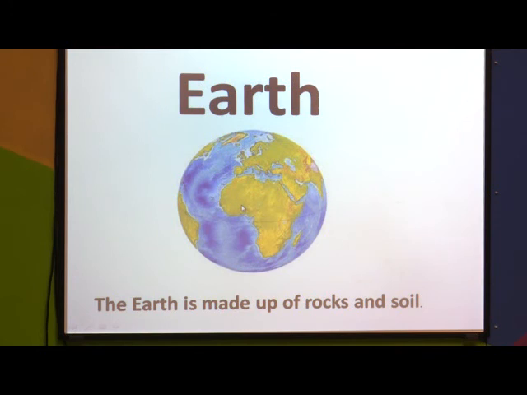So this earth was very hot, so there was no life on it. As the years went by, the outer part of the earth cooled down. Can you see the outer part? After some years, this outer part of the earth cooled down. The outer layer of the earth hardened to form layers of rocks.